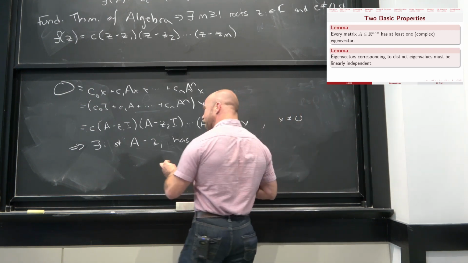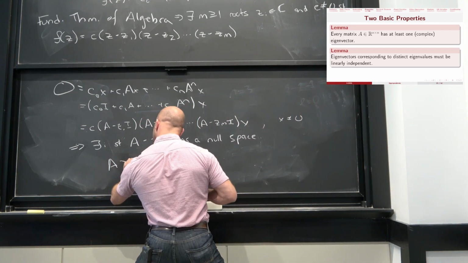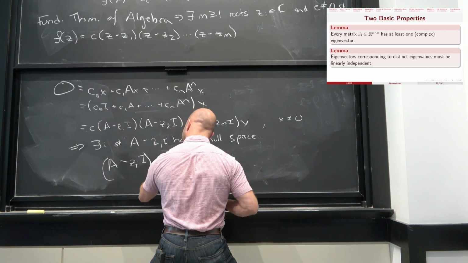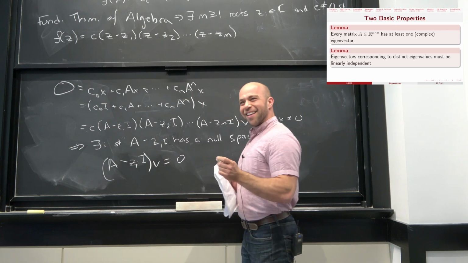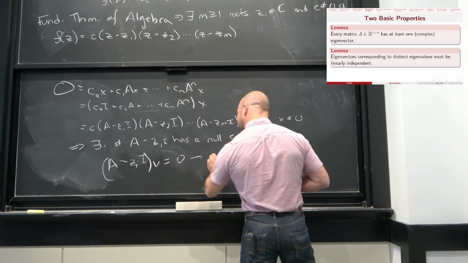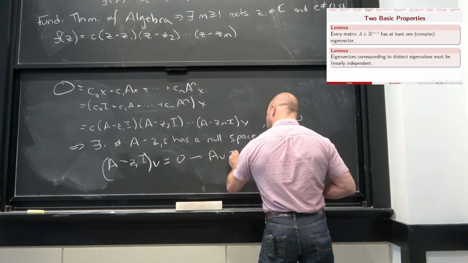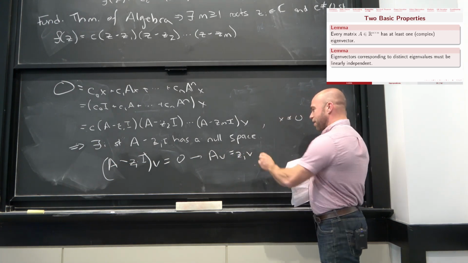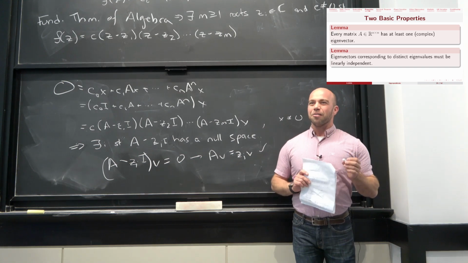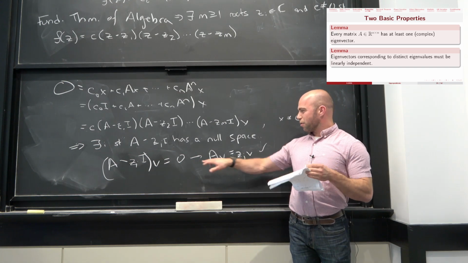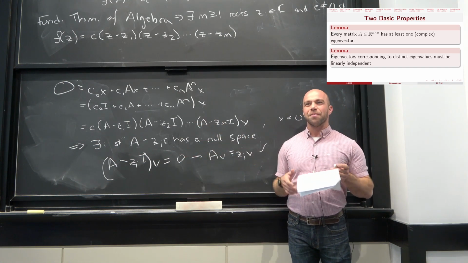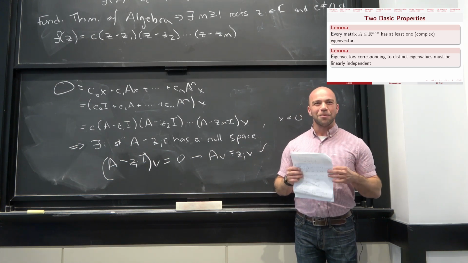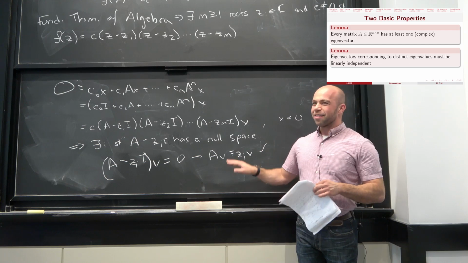So because it has a null space, we know that there's some vector v such that A minus zi times the identity times v is equal to 0. But notice that is exactly the same as A v equals zi v. So we're good, at least for the very first vector where you got 0. After that, you're multiplying a bunch of zeros. Any questions about that proof? Isn't that slick? I think this is a really clever little proof of this fact.